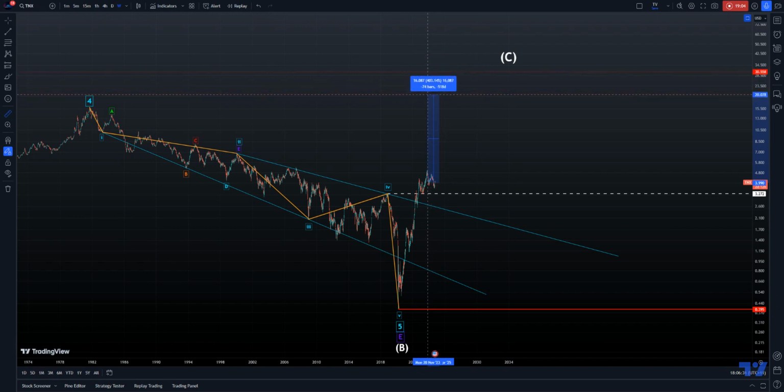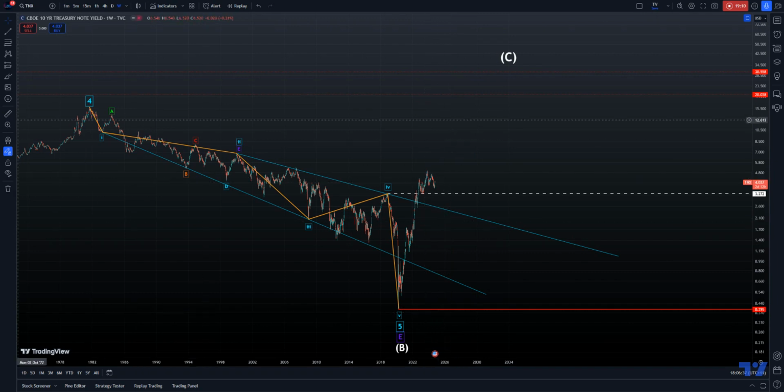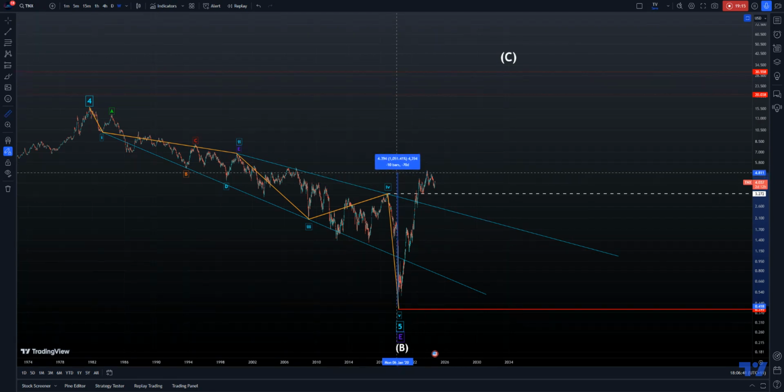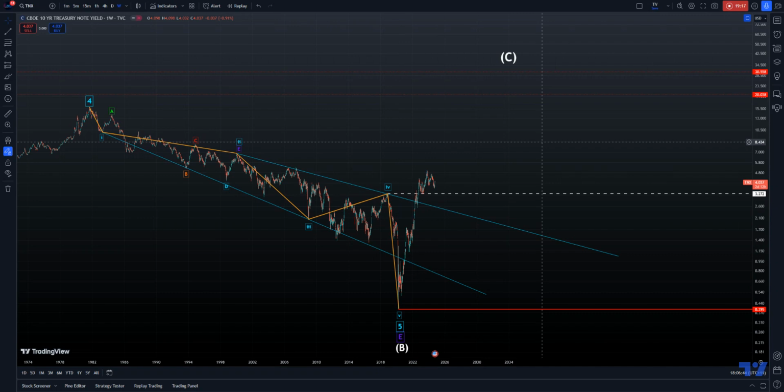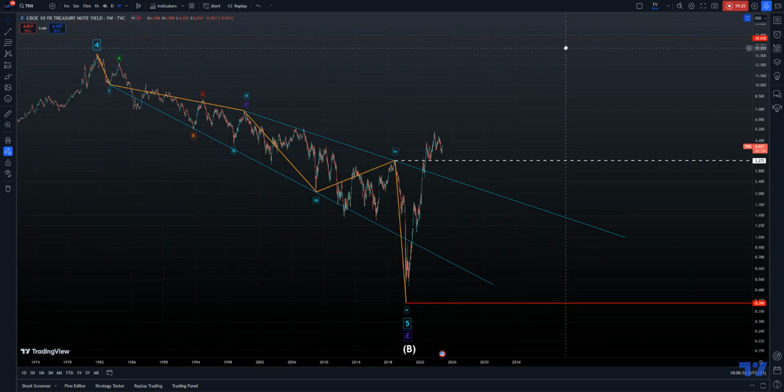But 20%, that's only 400% from here compared to the 1,000% rise since 2020. So what, you think that's impossible? Well, I don't think it is. It just doesn't make any sense. Why would it be impossible? Nothing's impossible in the markets, right?